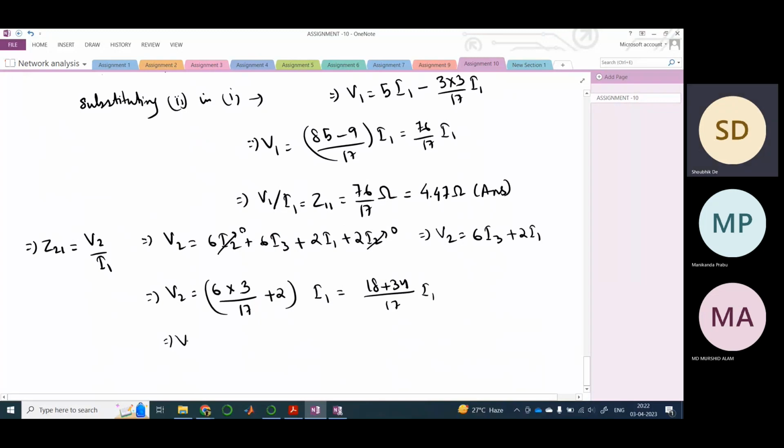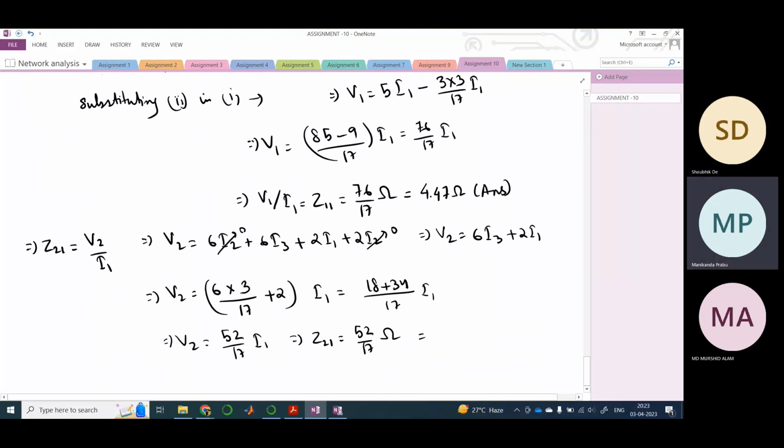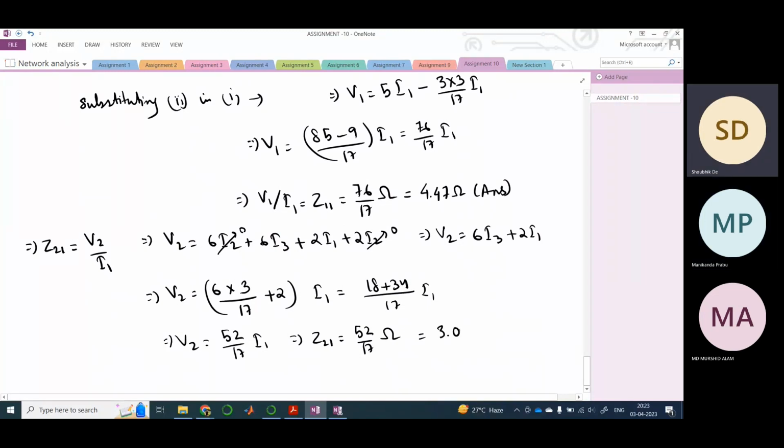Therefore your V2 is 52 by 17, therefore your Z21 is 52 by 17 ohm. Can anyone tell me what is this value? 3.058. Okay, so this is the answer. I hope this is clear.